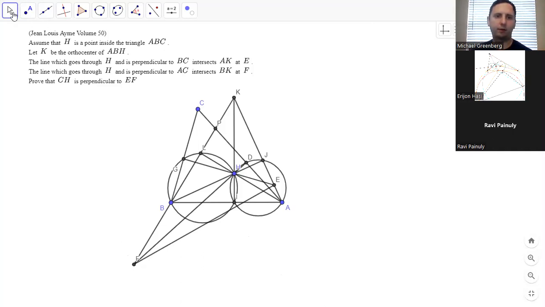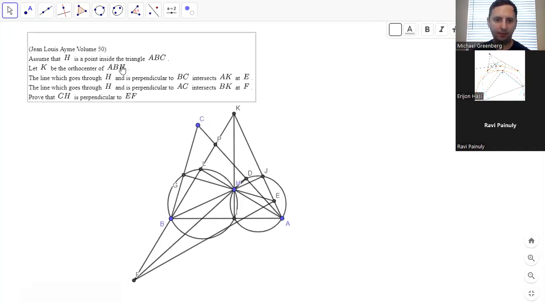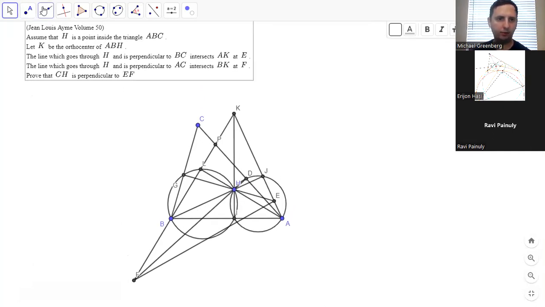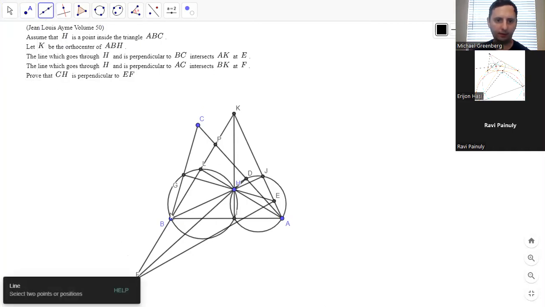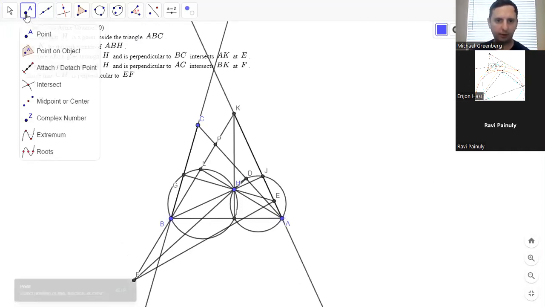So maybe I should draw the intersection of BC and AK because I drew P. Now maybe I should draw the other one, this point. I wonder if PQ is perpendicular to AB.